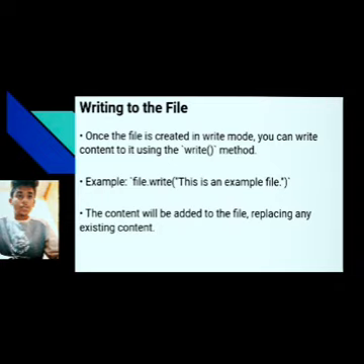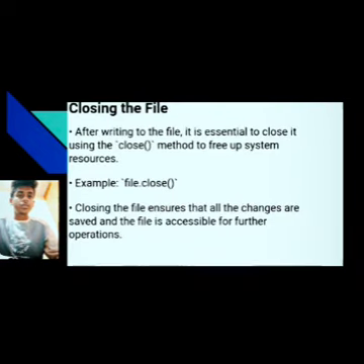Writing to the file. Once the file is created in write mode, you can write content to it using the write method. Example: file.write("This is an example file."). The content will be added to the file, replacing any existing content. Closing the file.